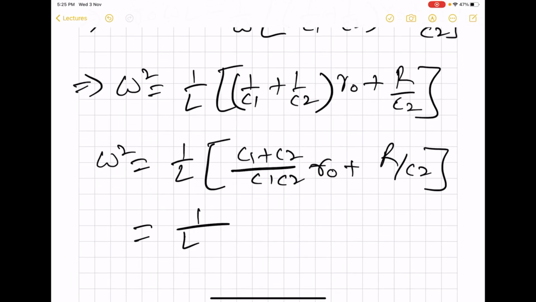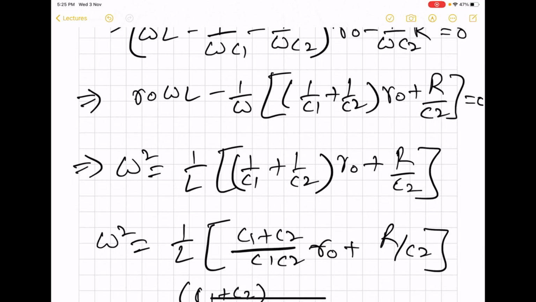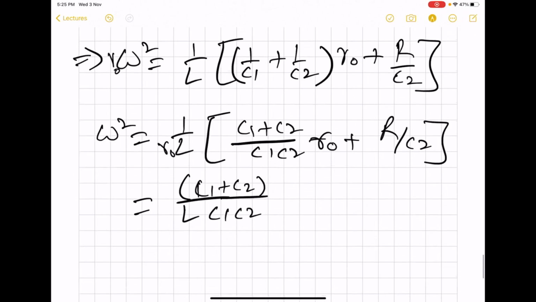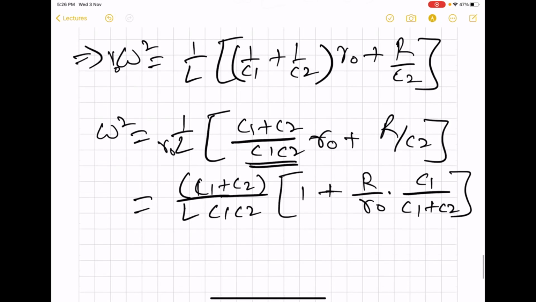So we can take this factor outside. So here there will be R naught on this side also, so we have to divide it by R naught. So we have taken this factor outside. So this becomes 1 plus R by R naught into C1 by C1 plus C2.